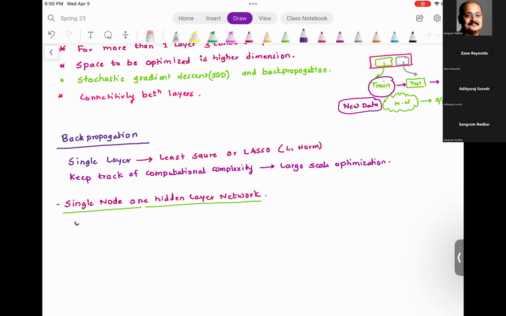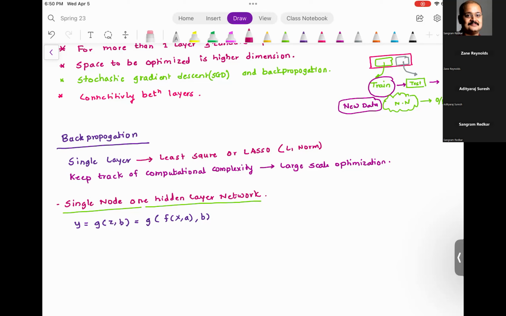What this means is y is equal to g of z, b, is equal to g of f of x comma a b. These are the different functions, and this is a mathematical representation of a single node, one hidden layer network.